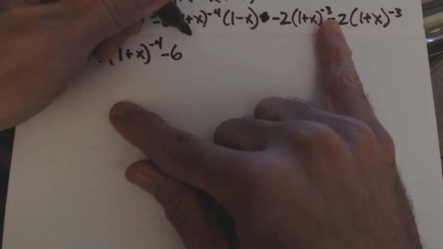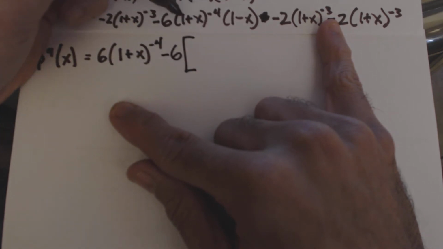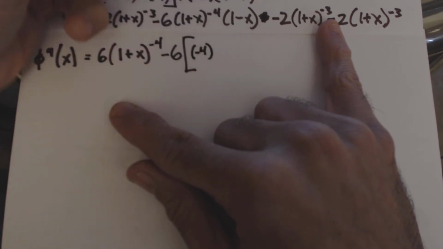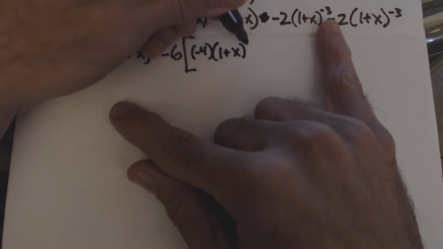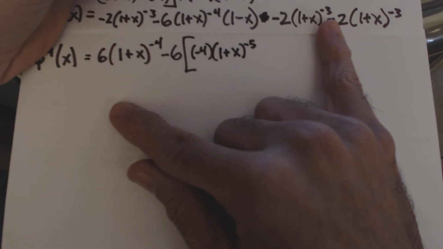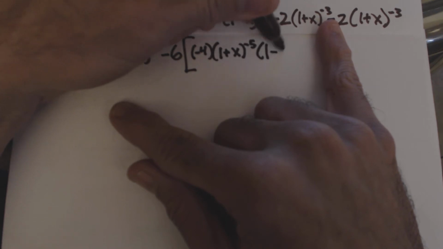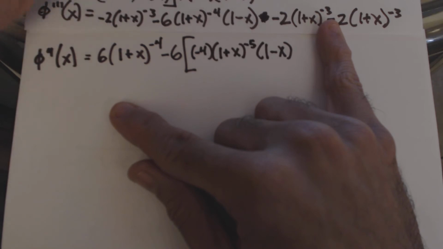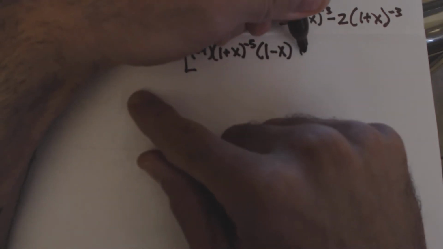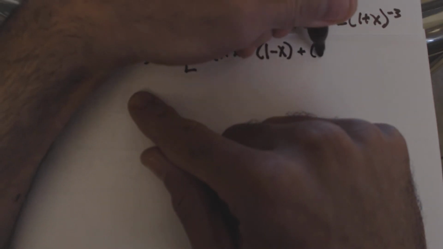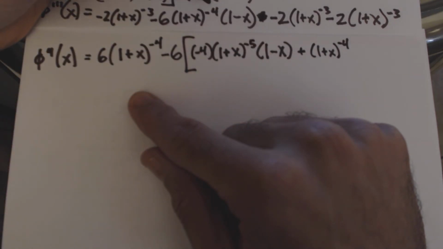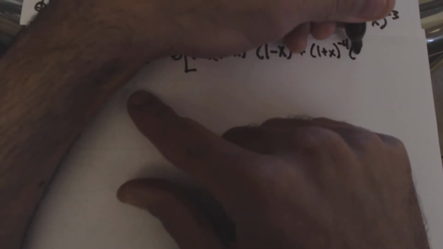So it's going to be minus 6 times, and now we'll take the derivative, negative 4 times 1 plus x raised to the negative 5 power times the second function, 1 minus x, plus the first function, 1 plus x raised to the negative 4th power times the derivative of the second function, which is negative 1.